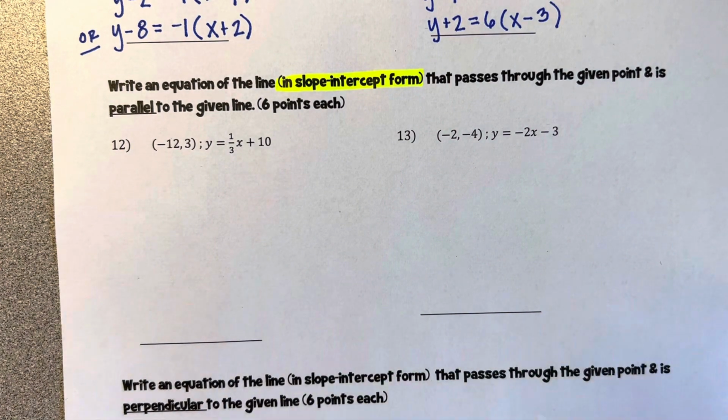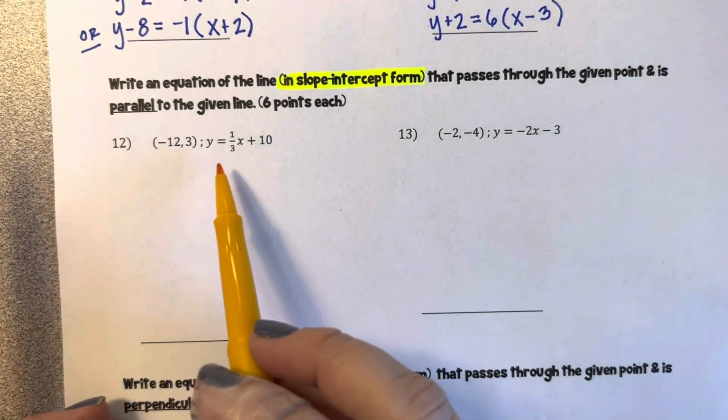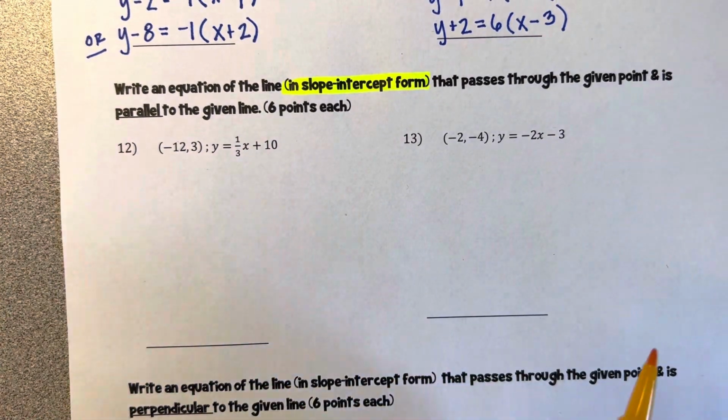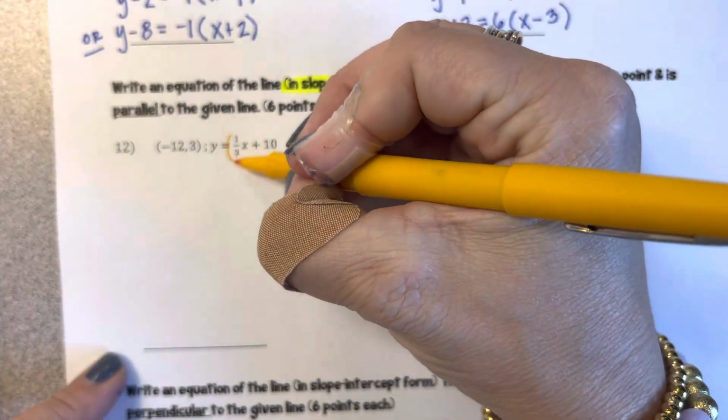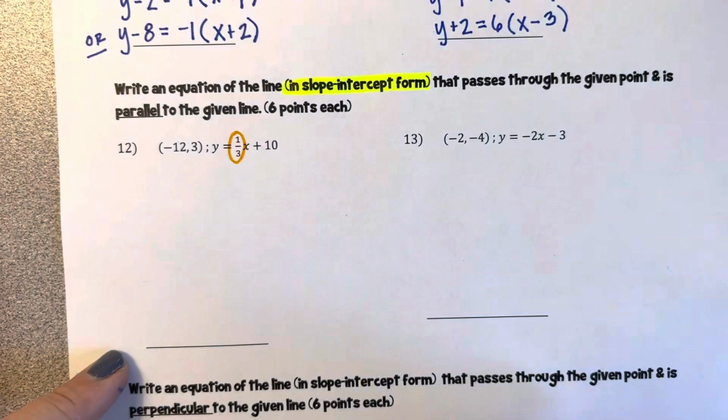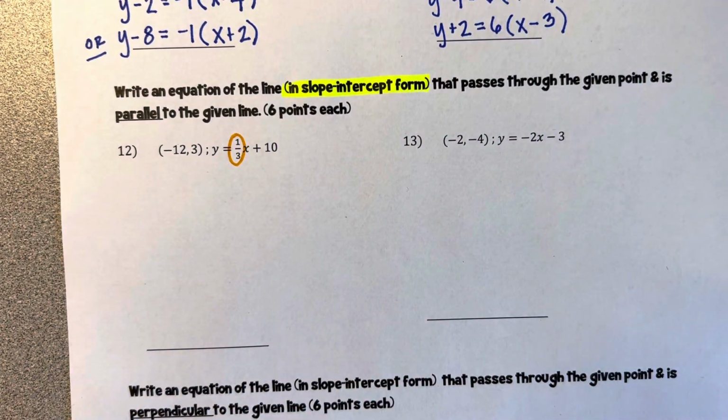I'm given this point and then I'm given this random line, and you're like, what am I using this line for? The only thing that we're using that line for is to take the slope. I want my line to be parallel to this line. So if this line has a slope of 1/3, then I want my line to also have a slope of 1/3 because I want them to be parallel.